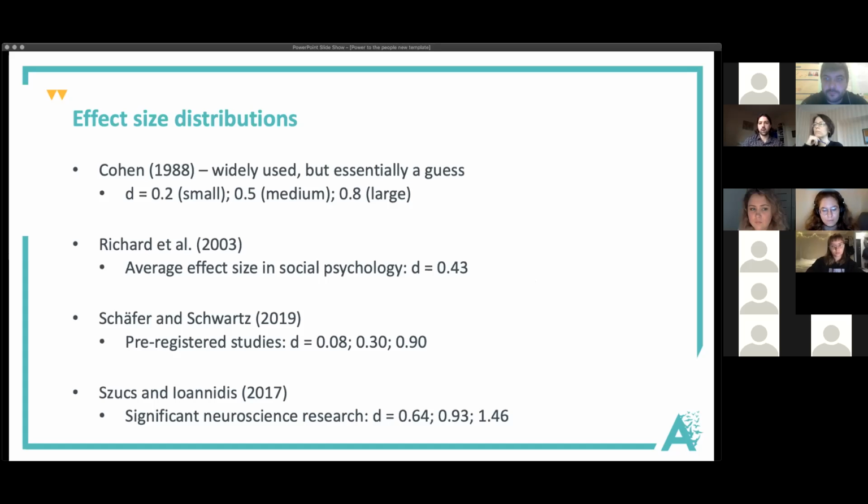What might be a reasonable effect in, say, social psychology is going to be very different in neuroscience. You're probably going to find larger effects in neuroscience if you're having lots and lots of trials. If you're focusing on purely biological concepts, the effects are probably going to be stronger than if you're looking at things in social psychology.